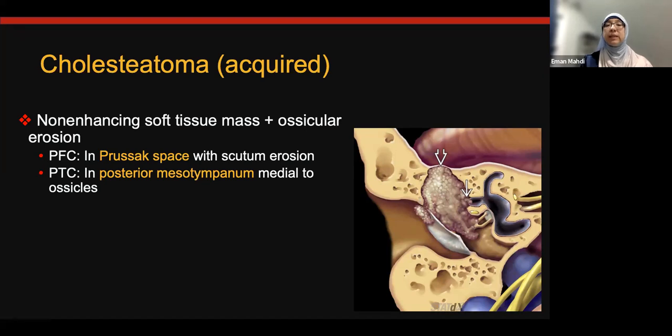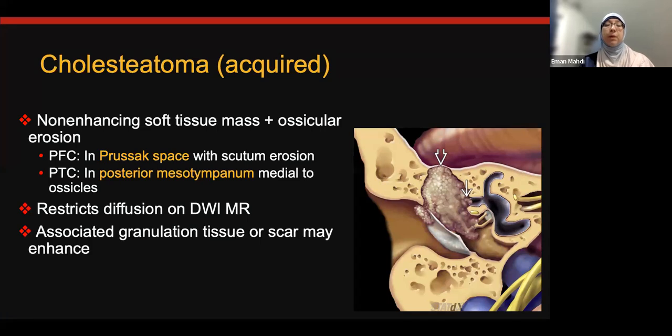The pars tensa type is more posterior within the mesotympanum, and then there is the sinus tympani cholesteatoma. Any cholesteatoma can give restricted diffusion, with no enhancement or only peripheral enhancement related to granulation tissue or scarring.